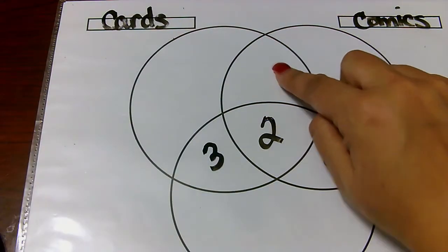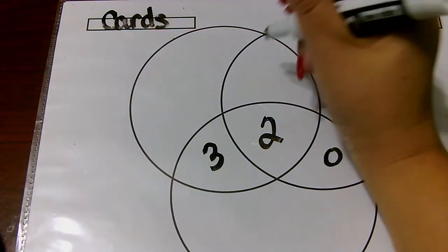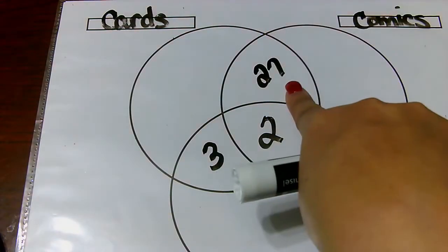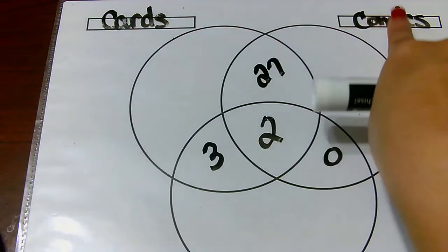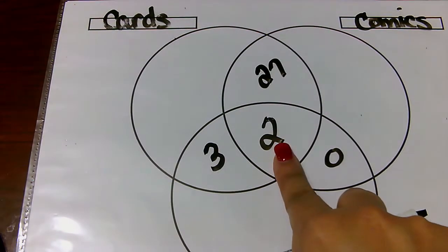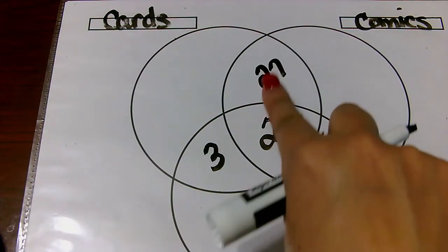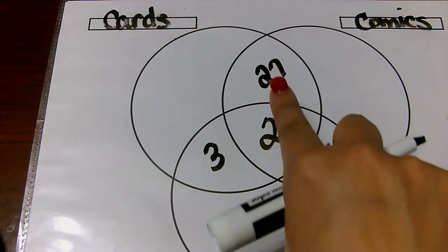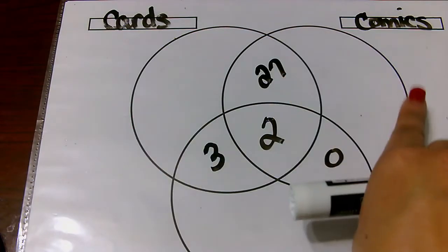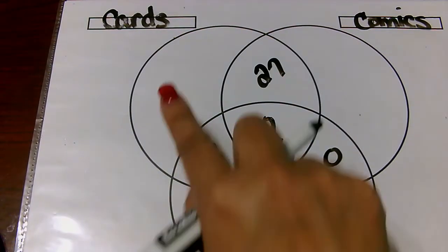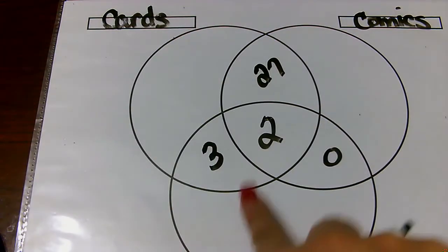That's going to get me this part here, which is 27. So here 27 people collect only baseball cards and comics. 2 collect all 3, but out of all the people surveyed, a total of 29 say they collect cards and comics. Okay, then we're going to end up doing the last 3 sections.